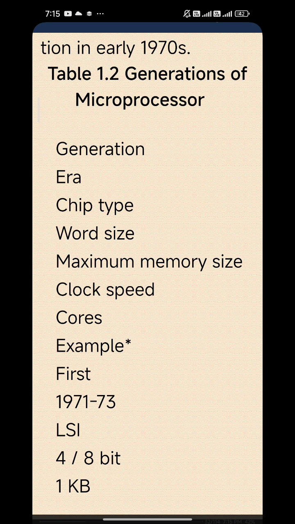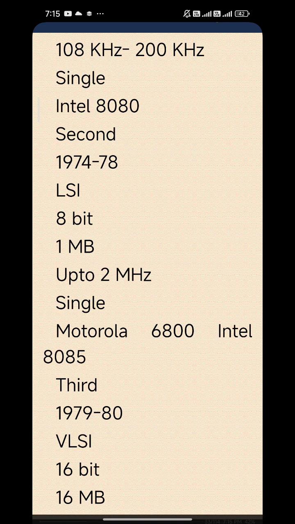Generation, era, chip type, word size, maximum memory size, clock speed, cores, example. First, 1971 to 73, LSI, 4 or 8 bit, 1 KB, 108 kilohertz to 200 kilohertz, single, Intel 8080.